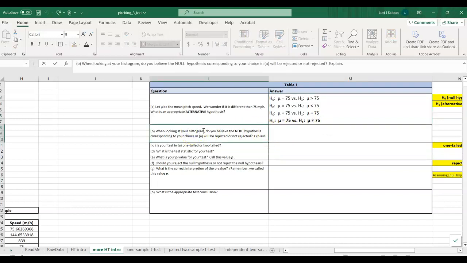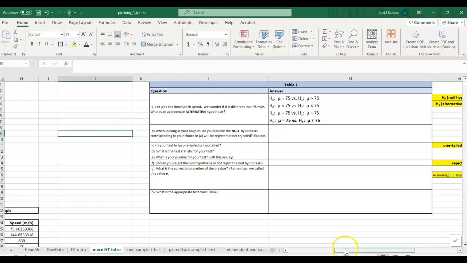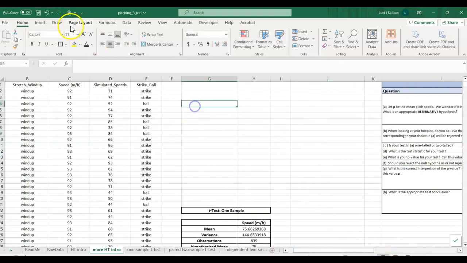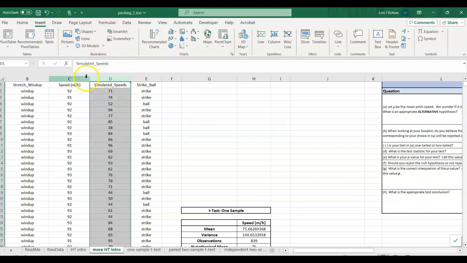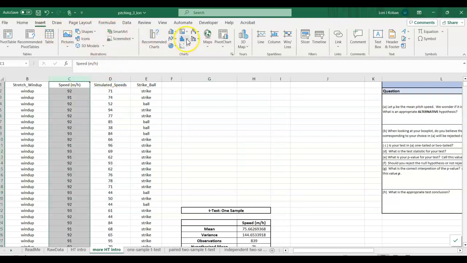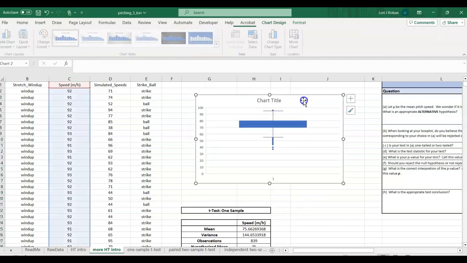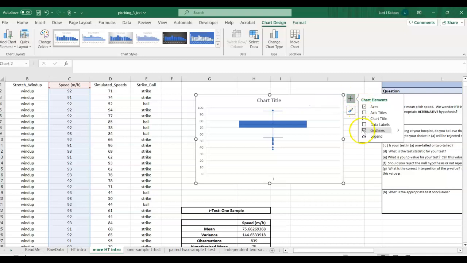Now, let's make a box plot this time, just to review a couple of things. So let's make a box plot of this data. Let me highlight that. Our speeds. Let's insert, we'll do a box plot. Okay.